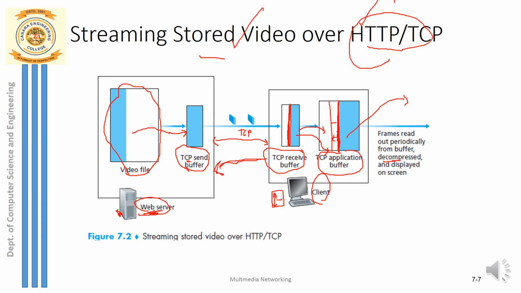So the server first compresses the video file and sends it. At the client side, upon receiving, when the user begins his play out, he has to decompress it first, and then he can start displaying the contents on the screen. So this is what happens in the HTTP streaming technique. I hope this concept is clear.